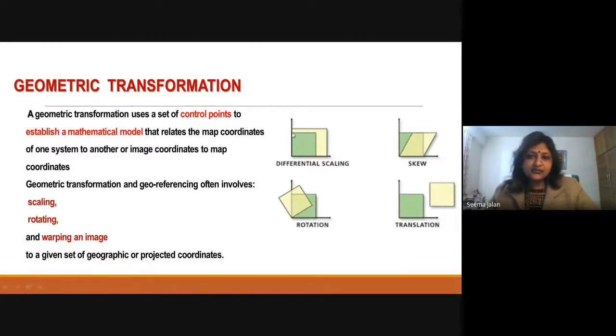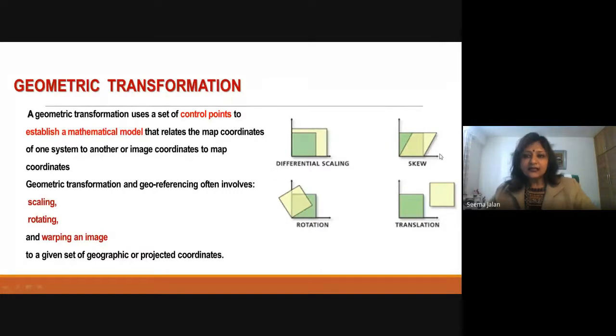Here you can see in the x direction it has been enlarged less, and in the y direction it has been enlarged more. Enlargement or reduction means there has been a change in scale, which is different in the x direction and different in the y direction. So I say that there has been differential scaling.